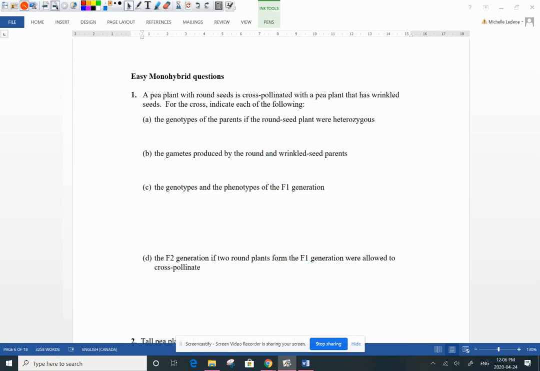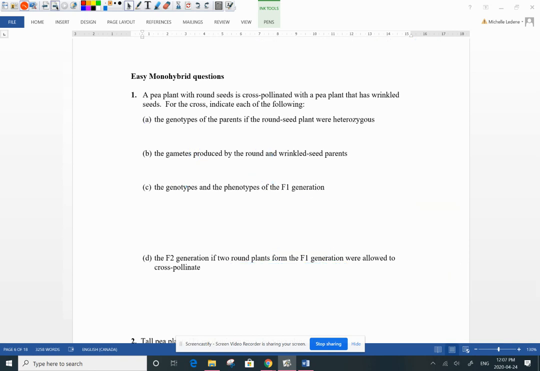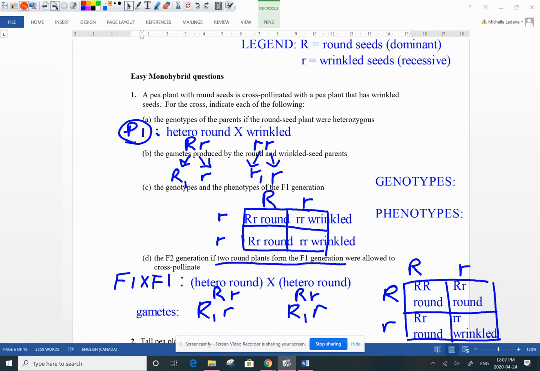Let's take a look and see. You set up your parents, then you do your gametes, and then you put your gametes into your Punnett square and fill it out. Well, this should look familiar. When you have two heterozygous parents, you end up with a 3-to-1 phenotypic ratio.